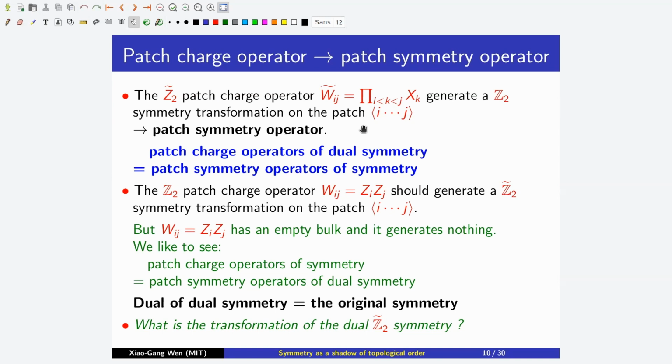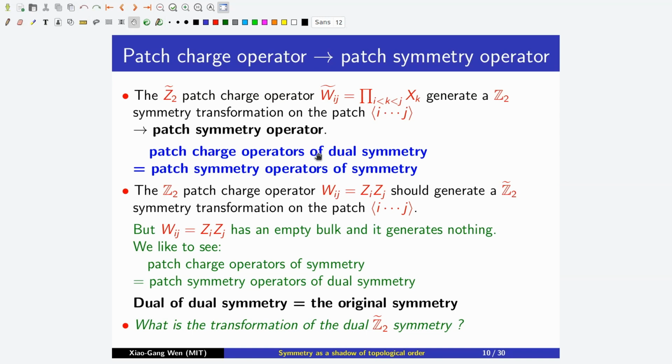And once we have the patch symmetry operator, the local symmetric operators are those operators which commute with this patch symmetry operator, as long as my local operator is far away from the boundary. So therefore, this patch symmetry operator is as useful as my original symmetry operator. It turns out it's actually more useful, and using the patch symmetry operator to look at the symmetry is actually more convenient. It's also a trick that plays an important role here.